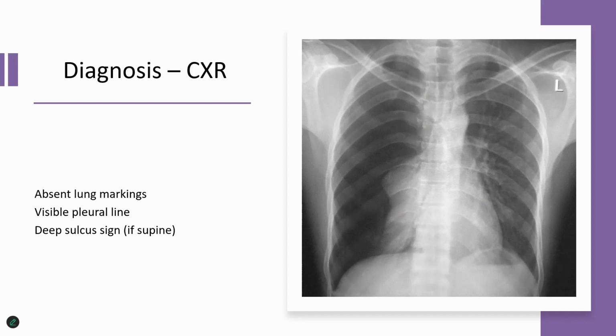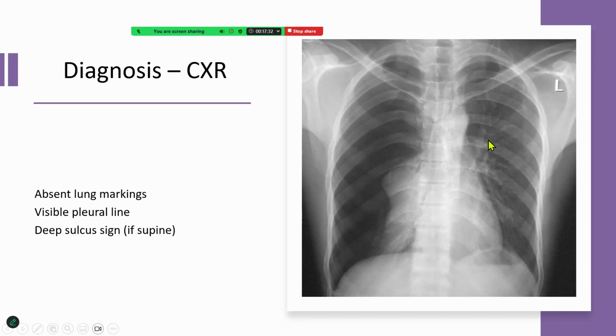Chest X-ray findings: sometimes you will get a chest X-ray in the exam as well in MRCP part 2. There are two findings which will help you in diagnosing pneumothorax on a chest X-ray. Obviously, you will have to correlate with clinical findings, but on X-ray, there are absent lung markings.